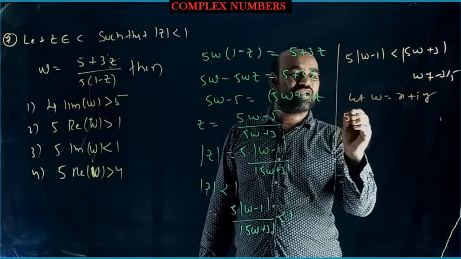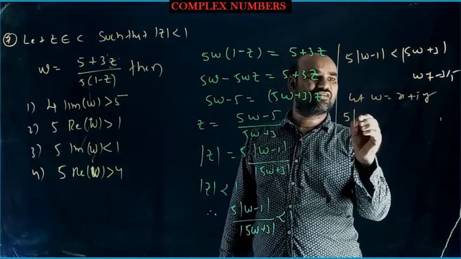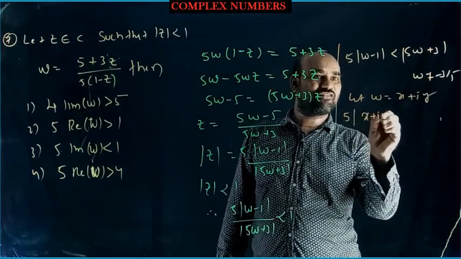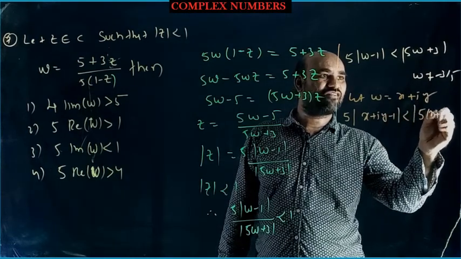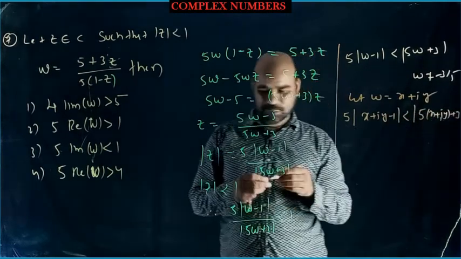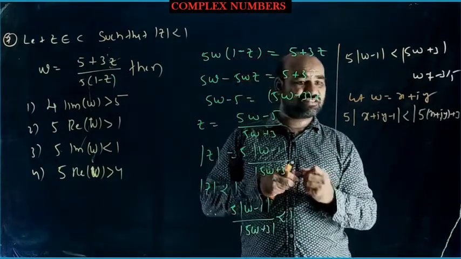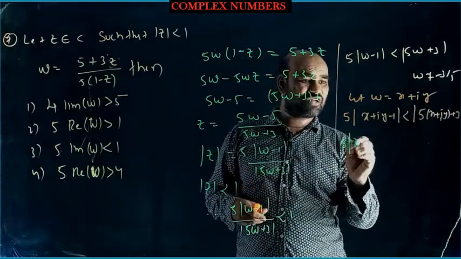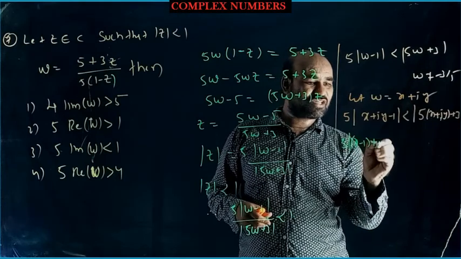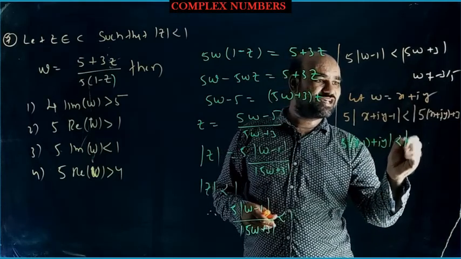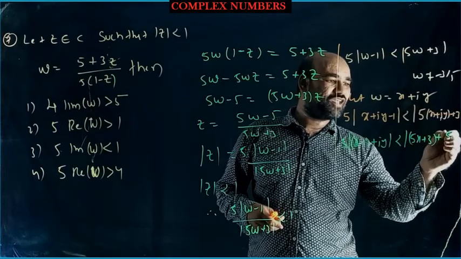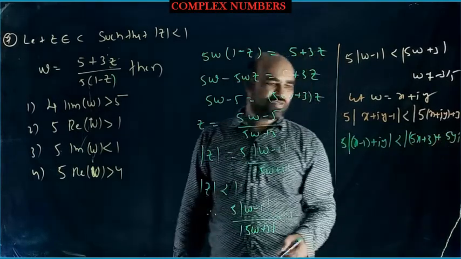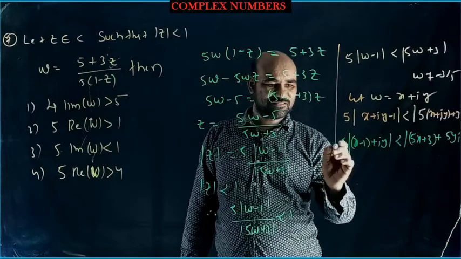So 5 times mod of x plus iota y minus 1 is less than mod of 5 times x plus iota y plus 3. This is the same as 5 times mod of x minus 1 plus iota y is less than mod of 5x plus 3 plus 5y iota.